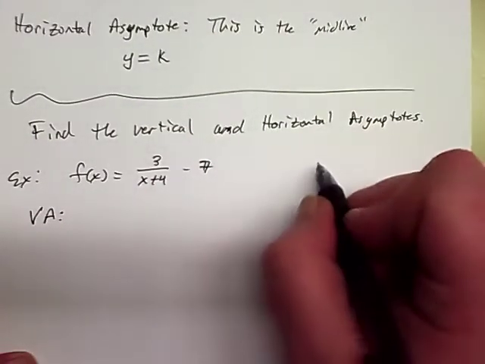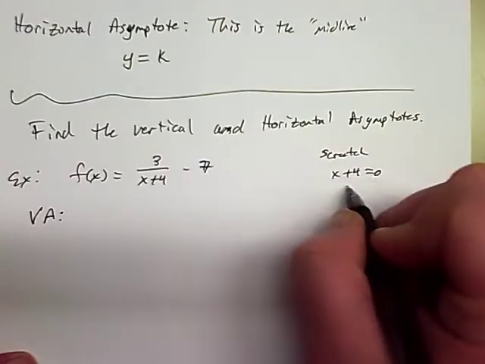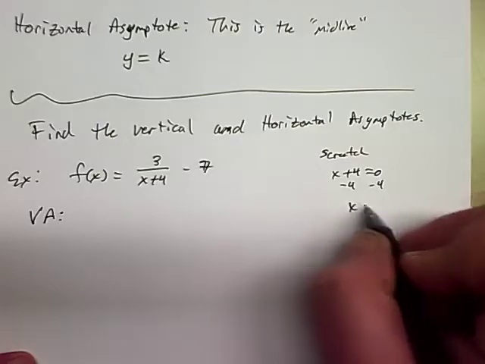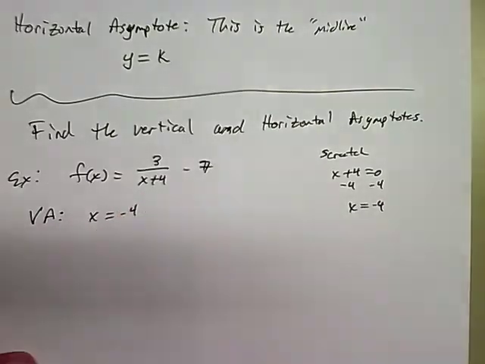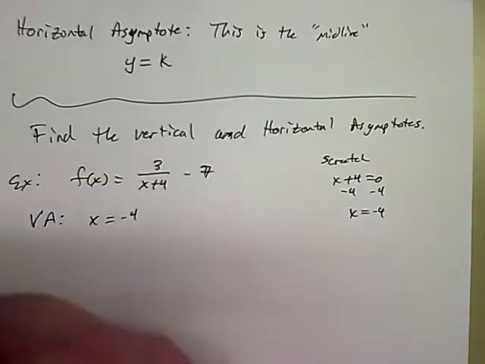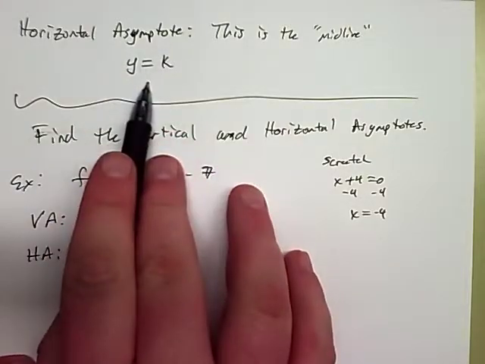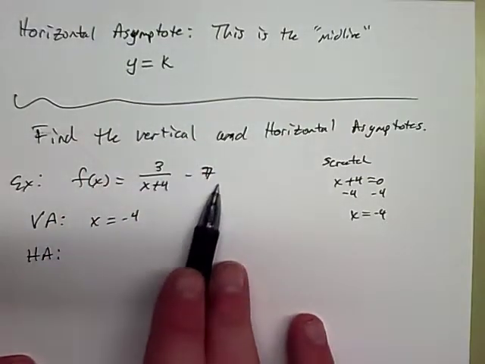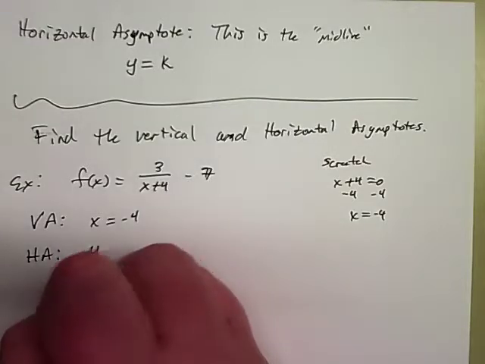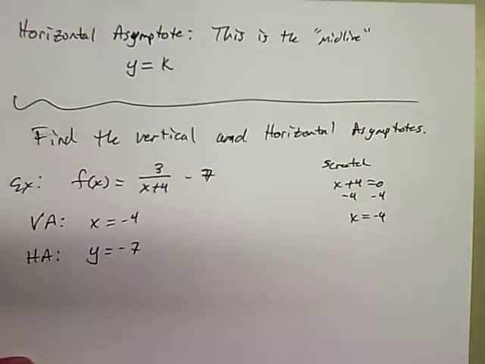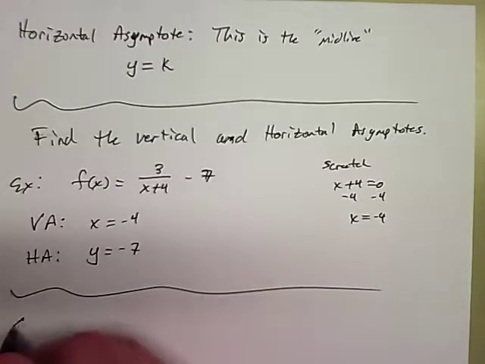So over here on some scratch, I say x plus 4 equals 0, minus 4, x equals negative 4. So I'd say x equals negative 4. That's my vertical asymptote. And now my horizontal asymptote. Again, horizontal asymptote comes from y equals k. Here's k. K in this instance is a negative 7. So here I get y equals negative 7. And that's it.